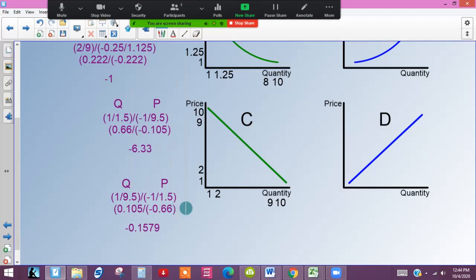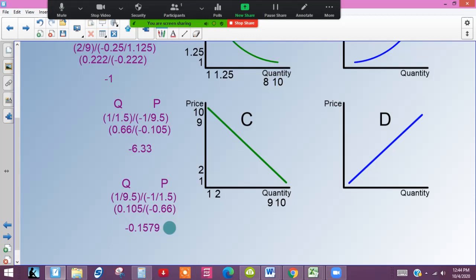So the percentage change in price is way higher than the percentage change in the quantity. So we end up with a very low number. We end up with the absolute value of about 0.159, which is way below one.